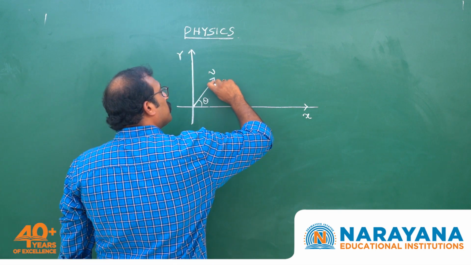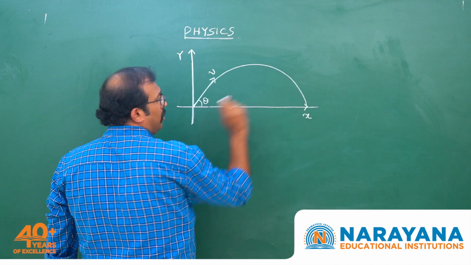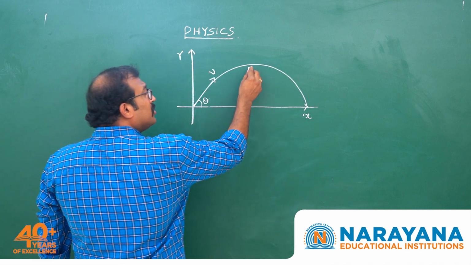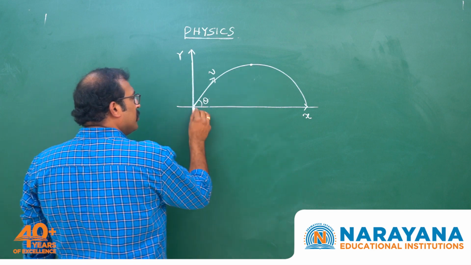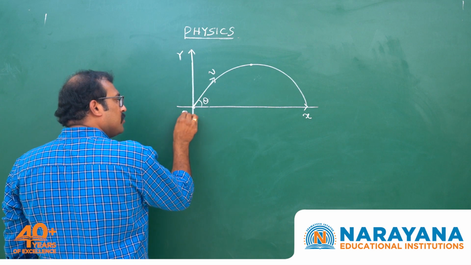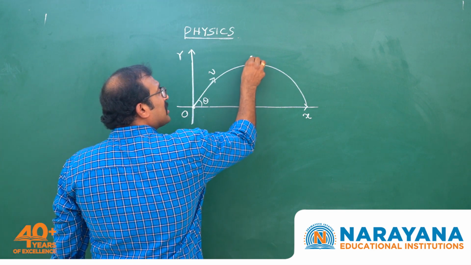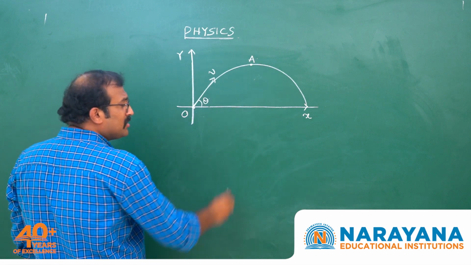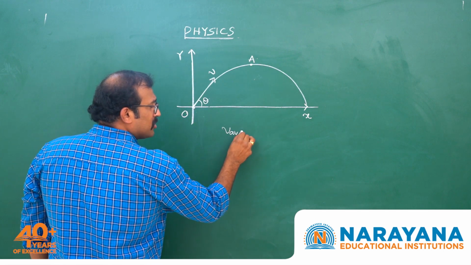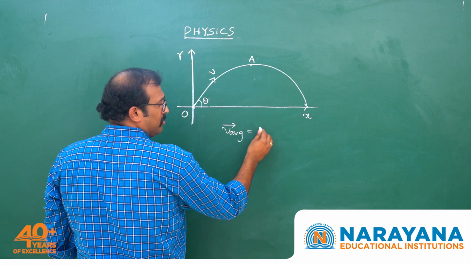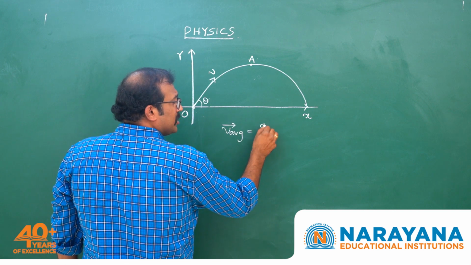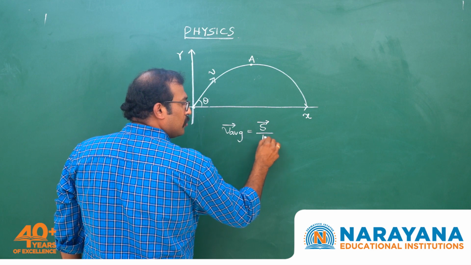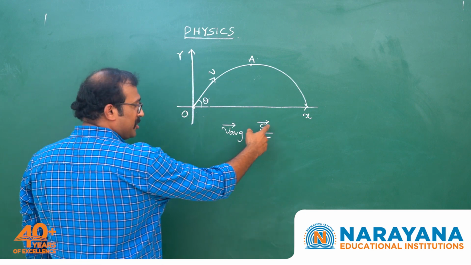Now the trajectory of the projectile is a parabola. Now we want the average velocity between the point of projection O and the maximum height A. Basically we know that the average velocity is given by total displacement to that of total time taken to have this displacement.